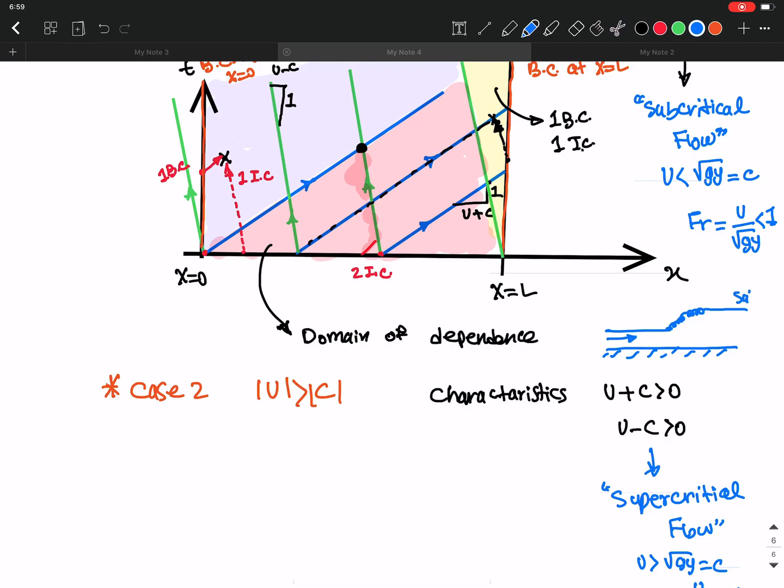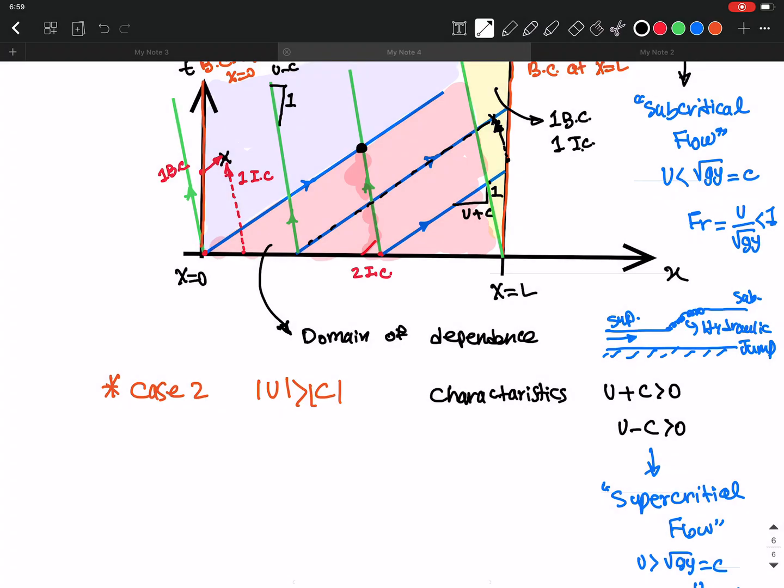So this will be subcritical and this will be supercritical, and this happens through what we call a hydraulic jump. Just to give you some background on where these equations come from and what they mean physically.